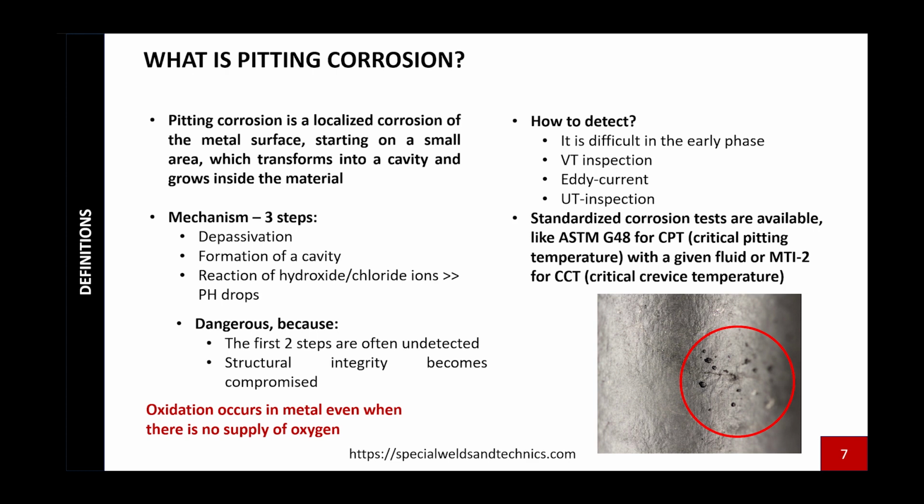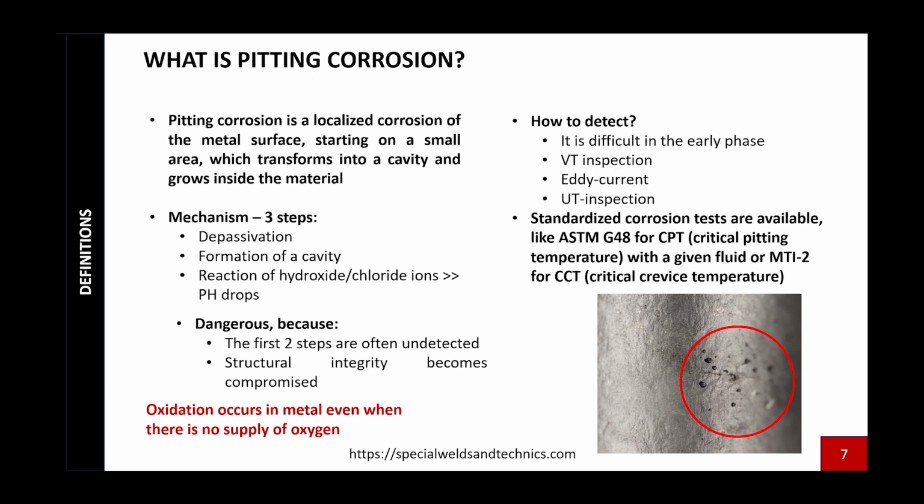But before we take a look at the individual steps, let's discuss why this corrosion is so dangerous. First, the problem is the cavities are small. So usually the first 2 steps go unnoticed. Nobody sees those cavities because they are so small.